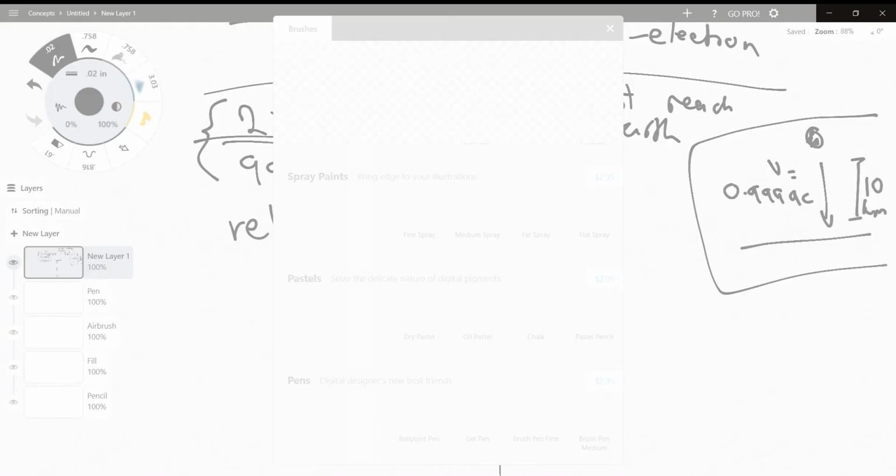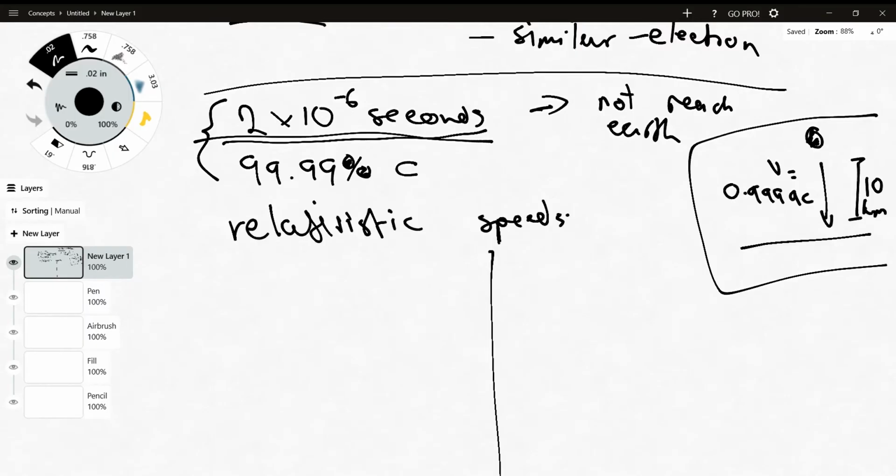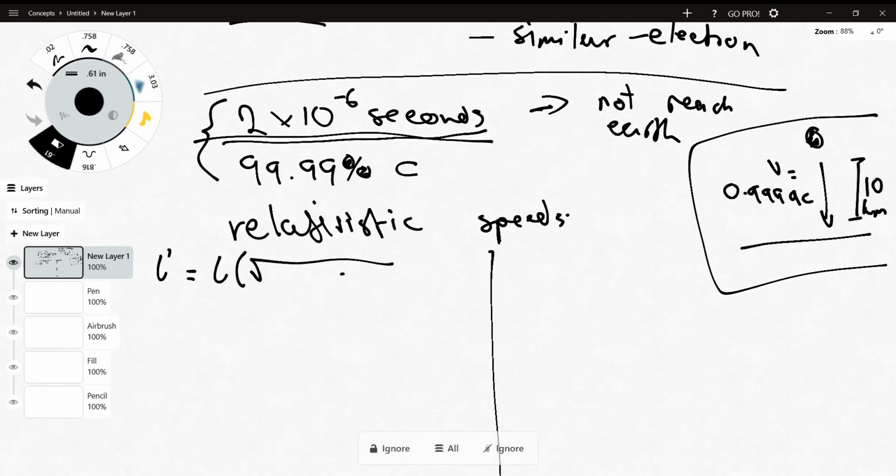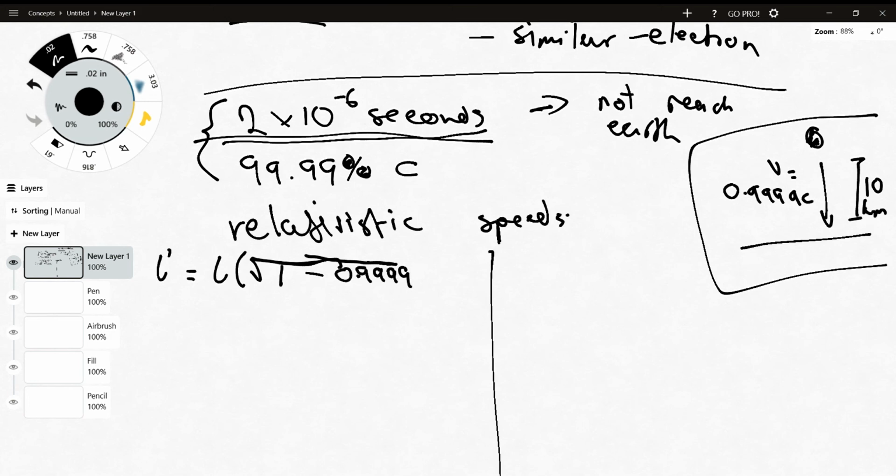What we find is, remembering our equation for length contraction now, L prime equals L, proper length, times our inverted Lorentz factor, and our relativistic factor for this is the square root of 1 minus 0.9999c all squared on c squared.